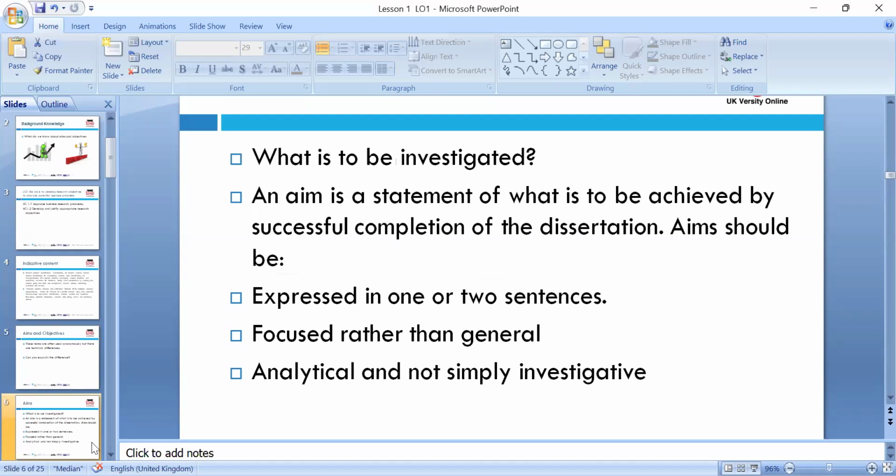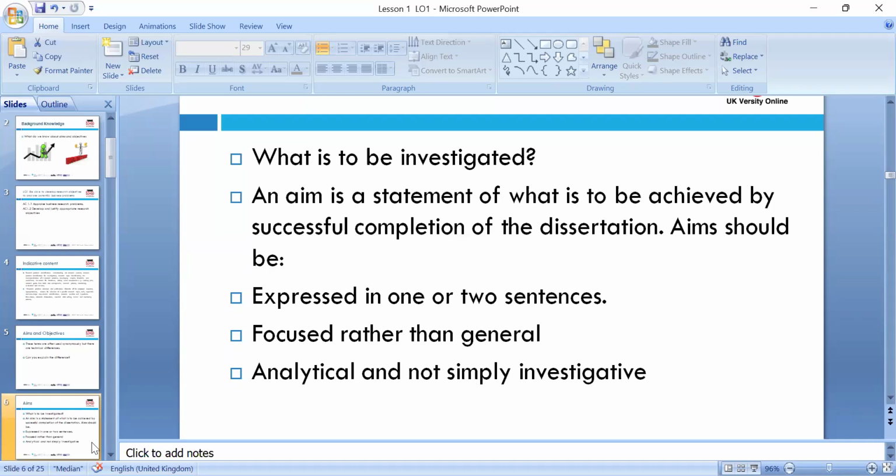What is to investigate? You have to ask that question. The aim is the statement of what is to be achieved by successful completion of the dissertation or research. Guys, this is a level 7 course, and normally if you do a master's, which is an academic qualification, you will have a dissertation of at least 10,000 words.